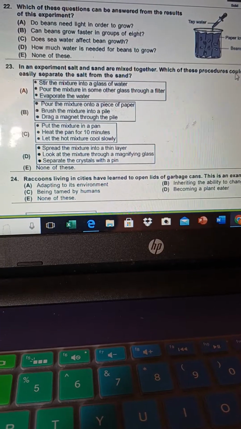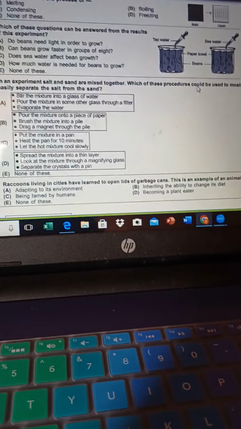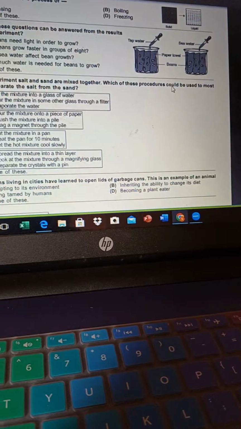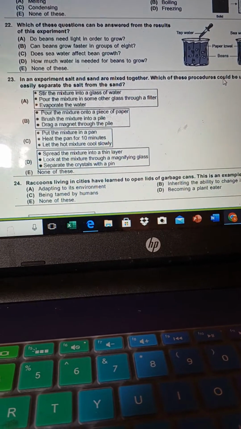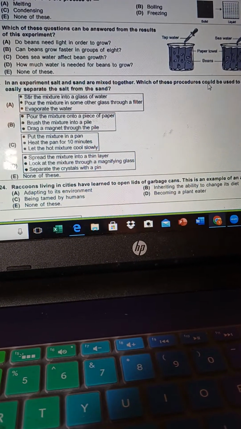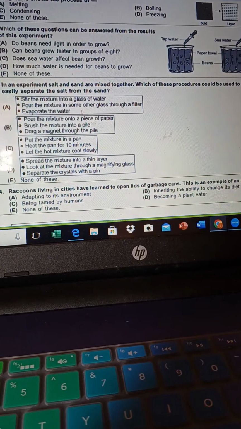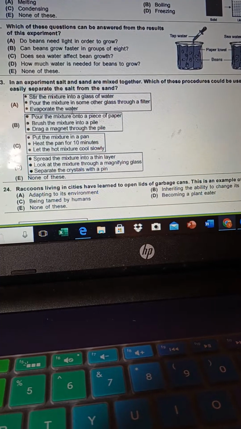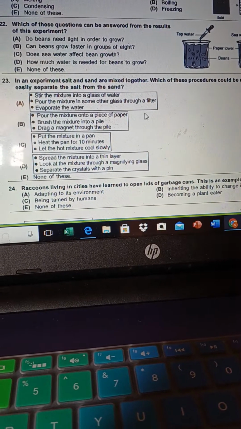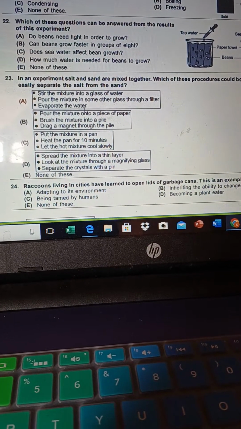In an experiment, salt and sand are mixed together. Which of this procedure could be used to most easily separate the salt from the sand? So what we can do, we can stir the mixture into a glass of water, pour the mixture in some other glass through a filter, evaporate the water.